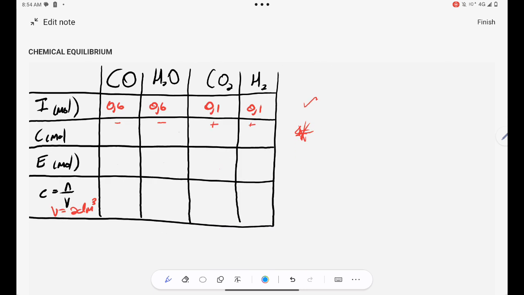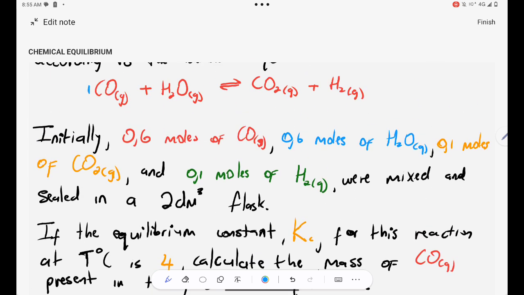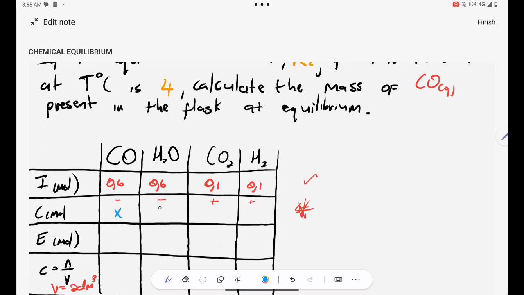I do not know how much I used for my carbon monoxide, so I can just call this amount X. Are you together? So that means I have used X amount of moles for me to form my products. Since the ratio is just 1:1, that means I've also used the same amount for water vapor, and that simply means I've also produced the same amount as well, because the ratio is just 1:1.